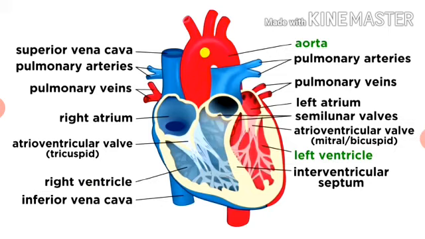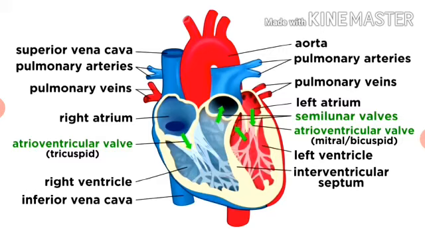Now let's go to the anatomy of the heart. Another important feature is the heart valves. These ensure the unidirectional flow of blood, meaning they keep the blood flowing in the correct direction. There are two atrioventricular valves, or AV valves, which connect each atrium to its ventricle.